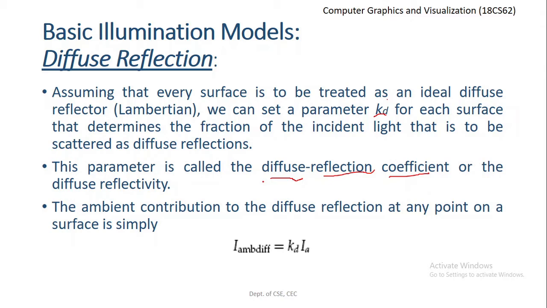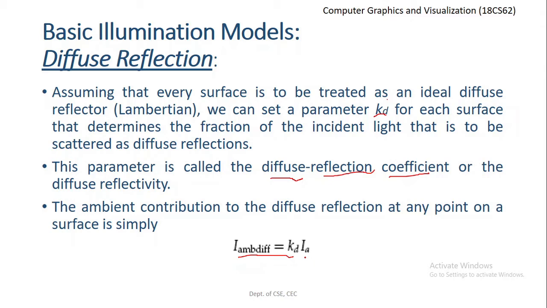The ambient contribution to the diffuse reflection at any point on a surface is simply given as the intensity of the ambient light that contributes to diffuse reflection, I ambient diffuse. How do you read it? It is the product of the diffuse reflection coefficient, kd, and the intensity of the ambient light.